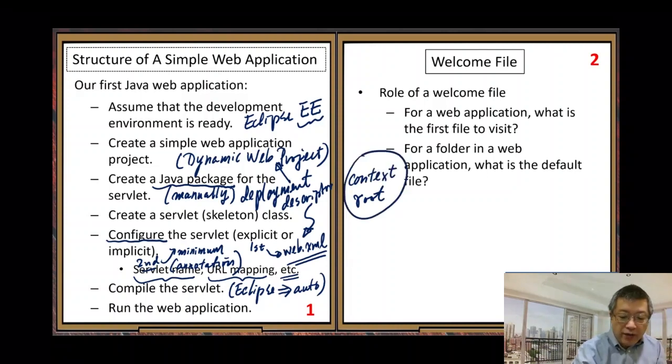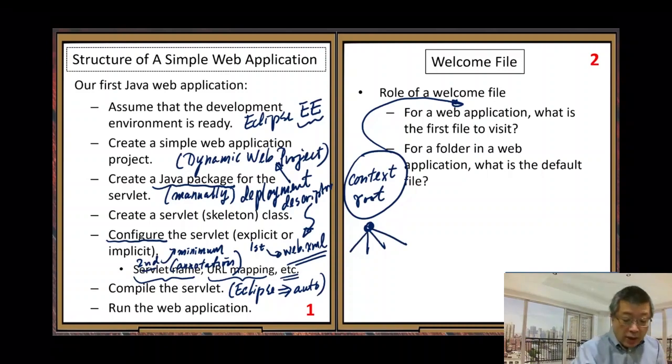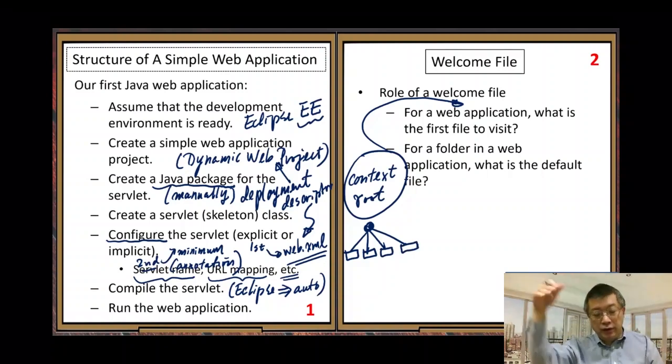This concept corresponds to your whole web application. So there is a root, that's the starting point. After that root, you may need to go to several branches, and those branches are represented by folders. So each branch corresponds to one folder, the path, the folder.